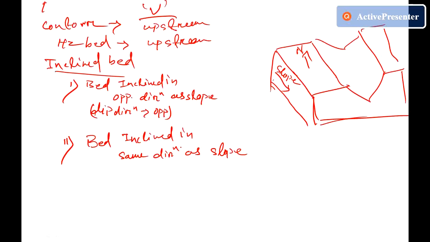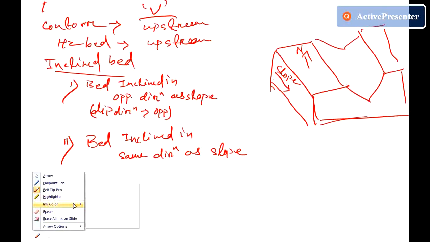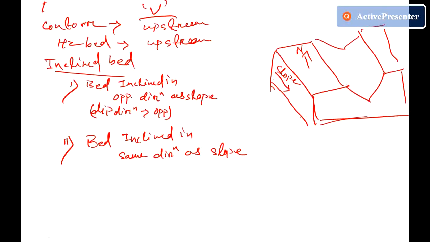Okay, so let's go to the first condition. The bed is inclined in the opposite direction as slope. The slope is towards south, and now I'll draw a plane which will dip opposite. I'll draw a plane like this. This is a plane which is dipping towards north, right?